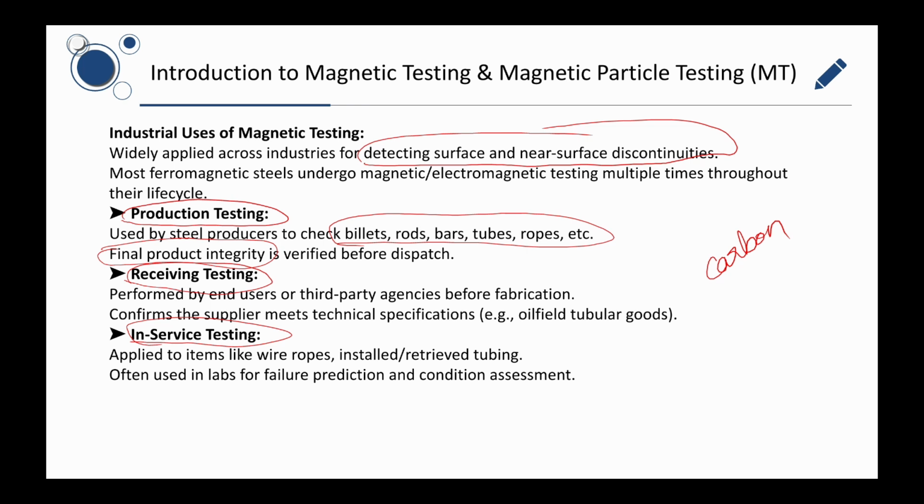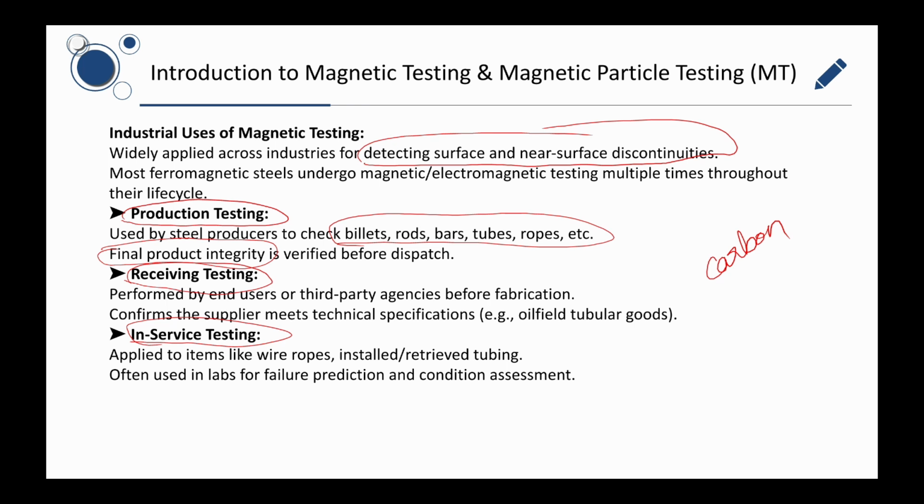Next, receiving testing. Receiving testing is to verify incoming materials before they are used in fabrication or construction. Who performs it? Any idea? Okay. End users or third party inspectors perform this receiving test. Why is this so important?